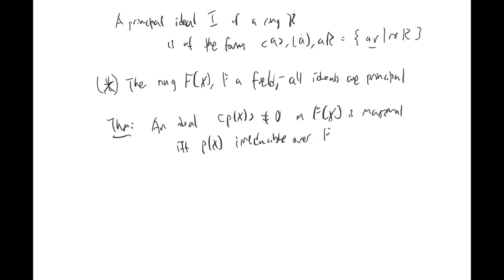So let's define something first. A field E is an extension field of F if F is a subset of E. Okay, so let's think about what these terms mean.